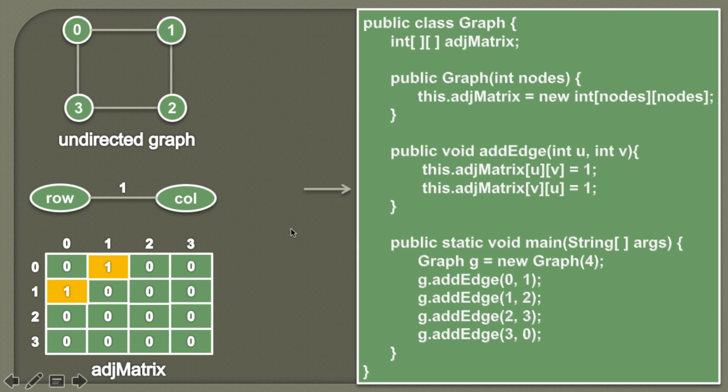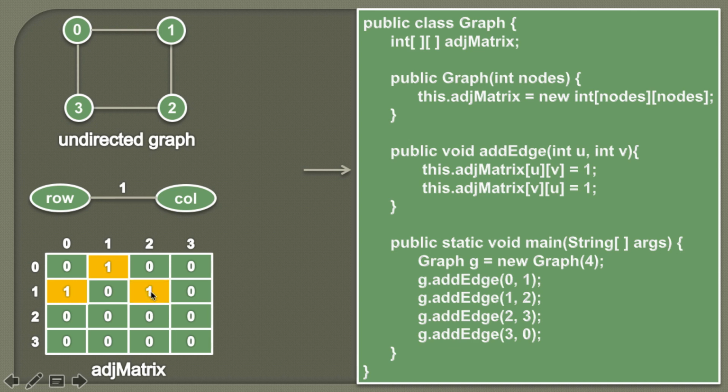Moving ahead. Now we want to add an edge between 1 and 2, so we simply pass the parameters as 1 and 2. Into the adjacency matrix, at row 1 and column 2, we need to provide a value of 1 to represent an edge. So it would look something like this.